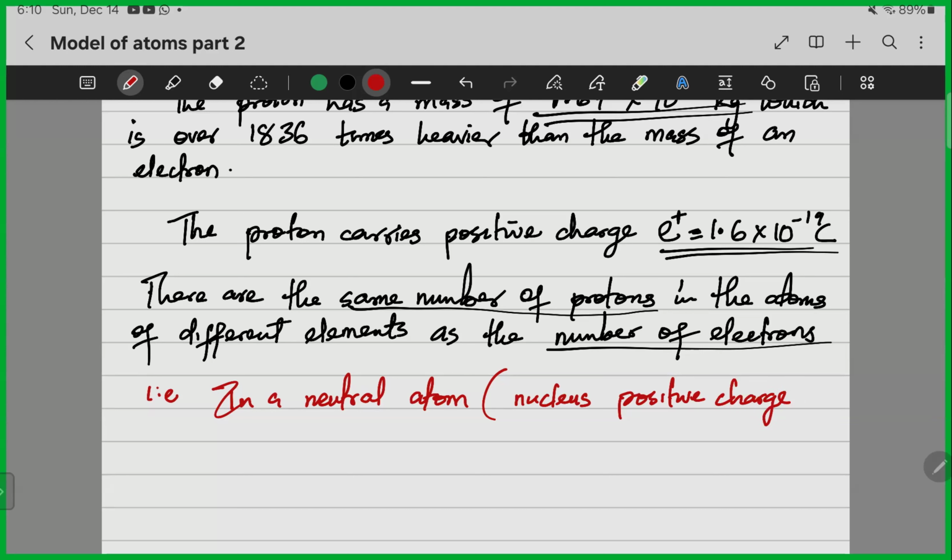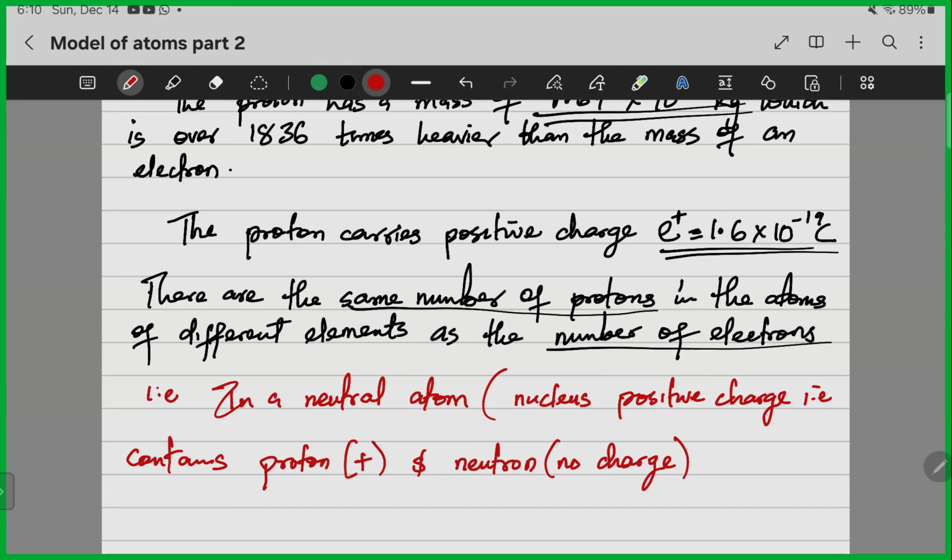Because it contains proton, which is positively charged, and neutron, which has no charge. When you combine positive and no charge, the nucleus ends up being positive.